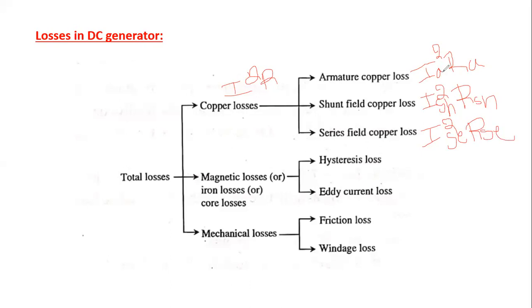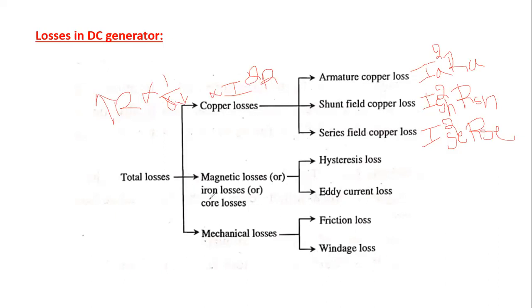Normally, the copper losses are directly proportional to I square R. The resistance is inversely proportional to the cross-sectional area. If the cross-sectional area decreases, then the resistance increases. If the resistance or the current increases, then automatically these losses increase.